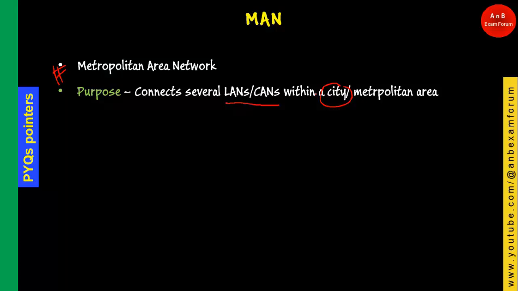Okay, so when several LANs are connected across the city, it becomes a metropolitan area network. A simple example is your cable TV. A city cable generally provides a widespread TV cable to the city. So that is your MAN basically.